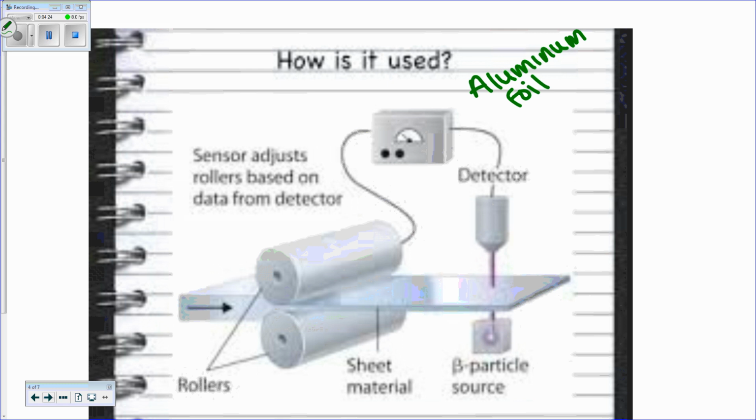They want to detect its thickness, so I shoot beta particles at the foil. Remember that alpha particles are stopped by a sheet of paper, and beta particles are stopped by something a little bit thicker. So they're measuring how much of those beta particles are getting through. They send it through, they measure it, and if nothing's wrong with the aluminum foil, they get the right thickness and they're ready to go.